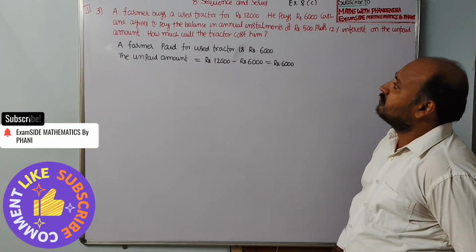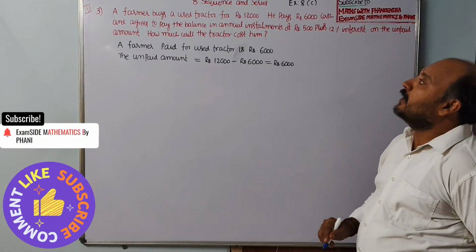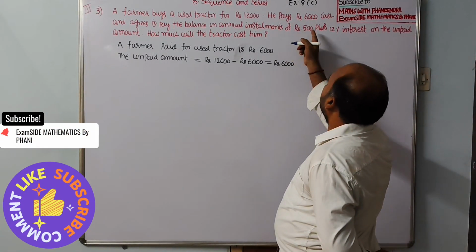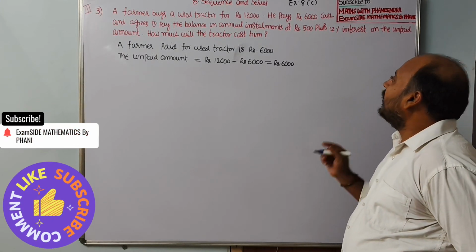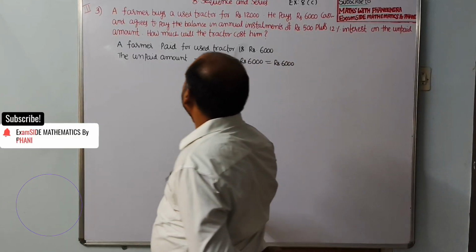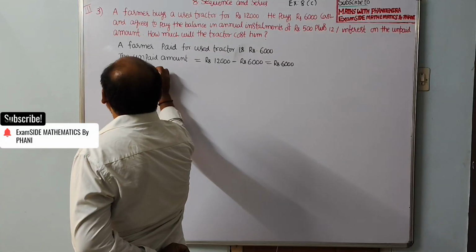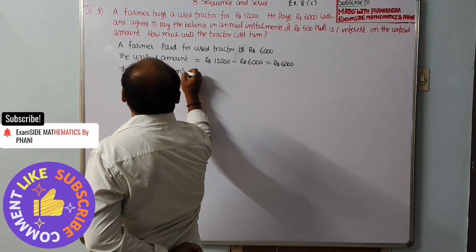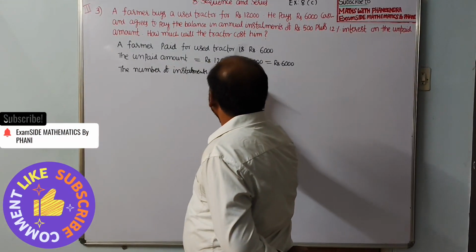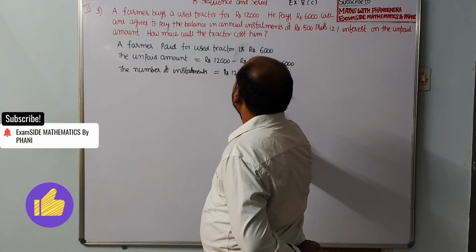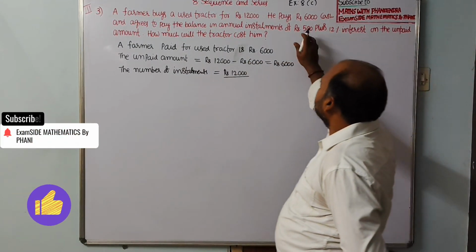After that, he agrees to pay the balance, that means the unpaid amount, in annual installments of 500 rupees plus 12% on the unpaid amount. The number of installments: here, how much amount is he paying?